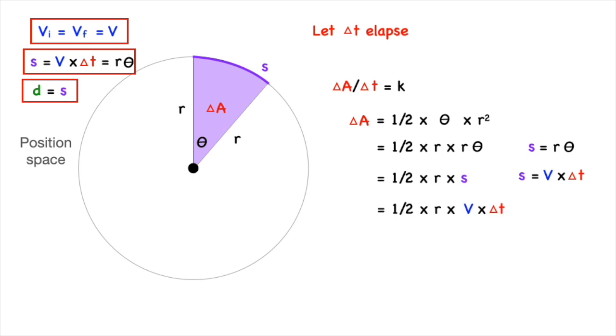Now we divide both sides by delta t, and we find delta A divided by delta t equals 1/2 times r times v. And the right-hand side of this equation represents the alternative formulation for k that we have been looking for.